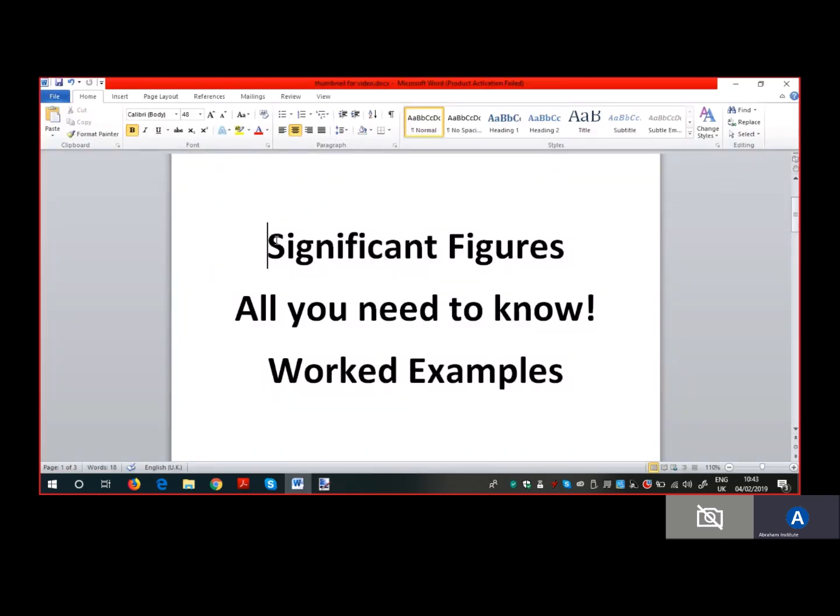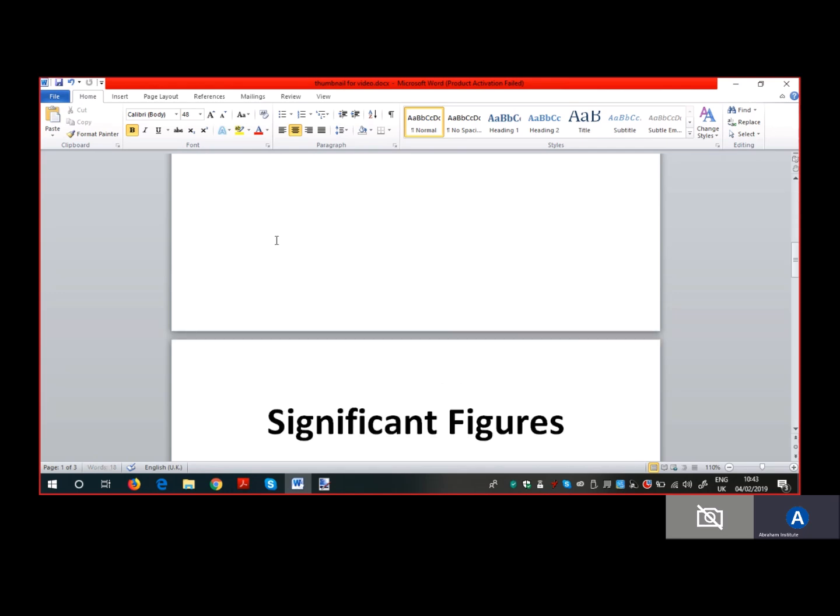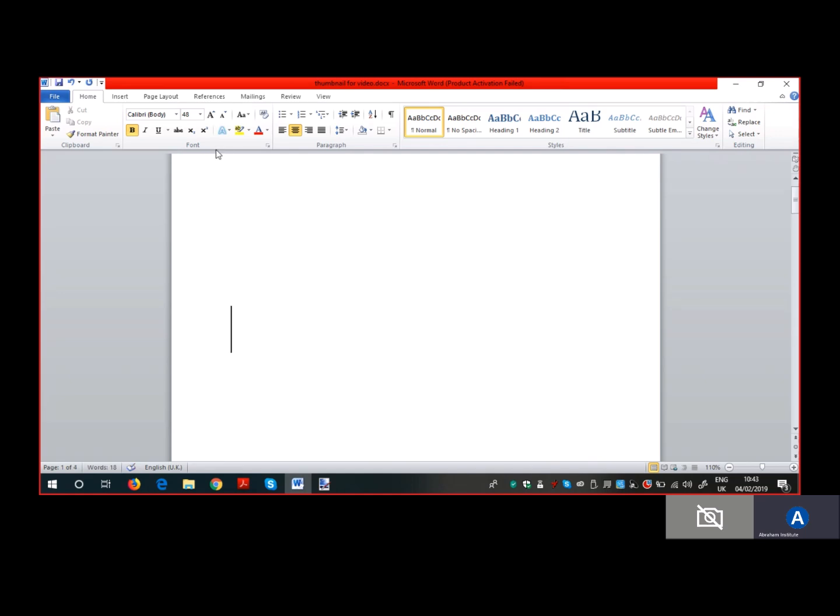So for a pair of forces to be Newton's third law pairs, there are about 6 criteria.